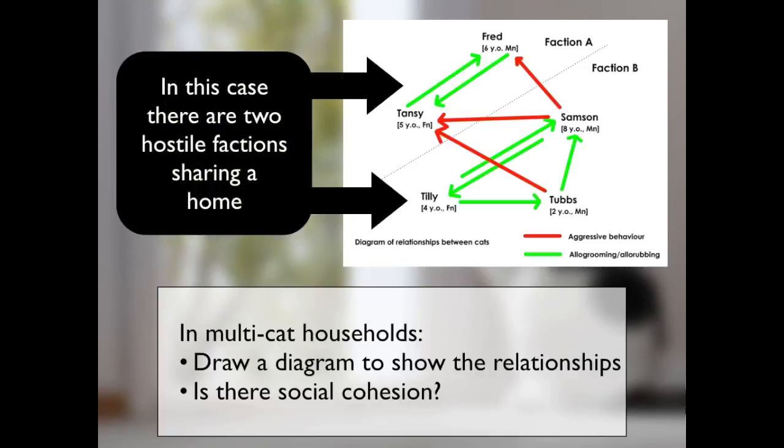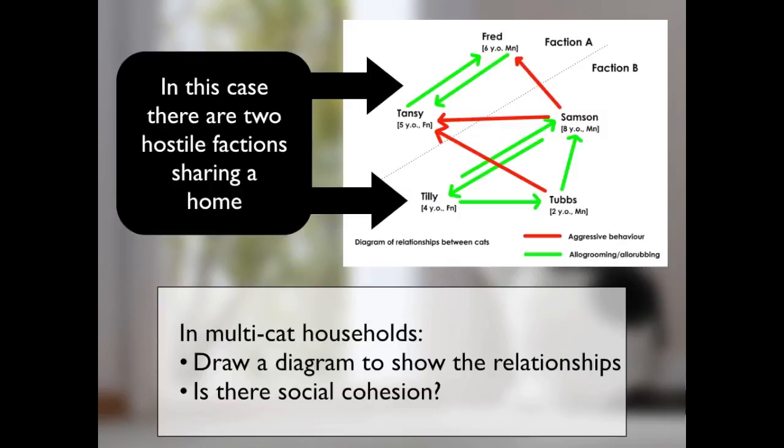So in this state, we would say that in fact there are two hostile factions that are sharing the home. And what we've got to do is find ways of enabling that group to live with less pressure, and therefore more likelihood that they can begin to reform some kind of social cohesion between all of the members of that group. So this is a very simple way of understanding what the social relationships are.